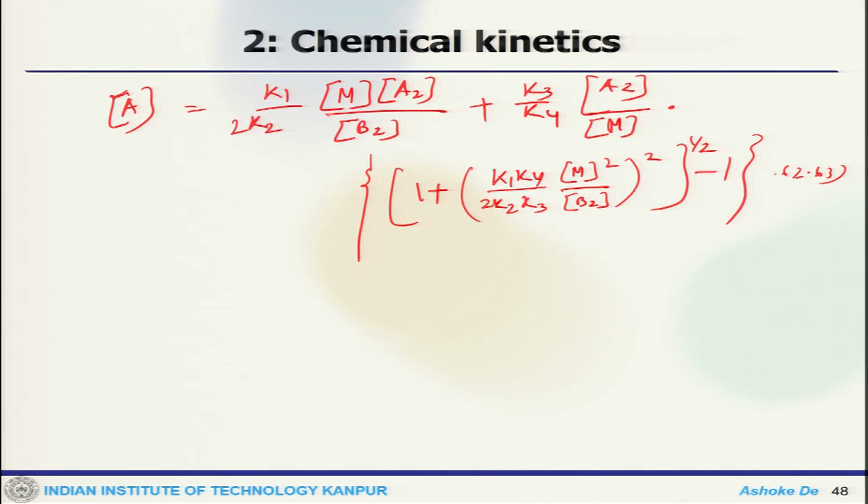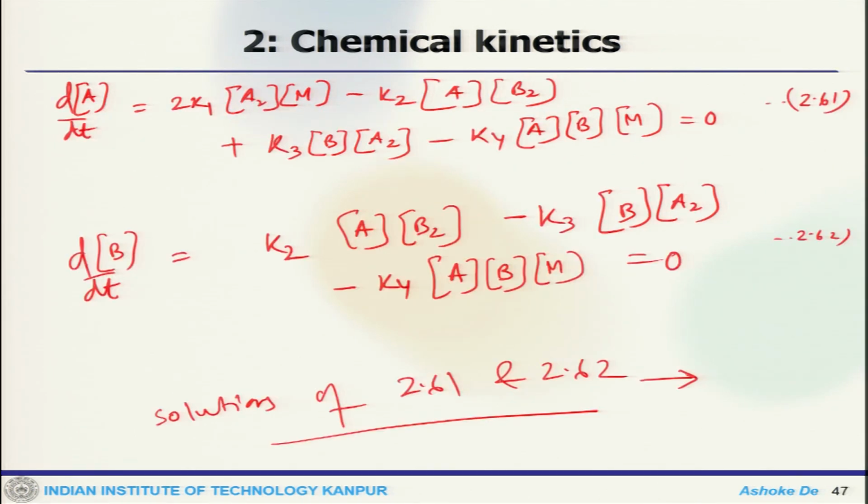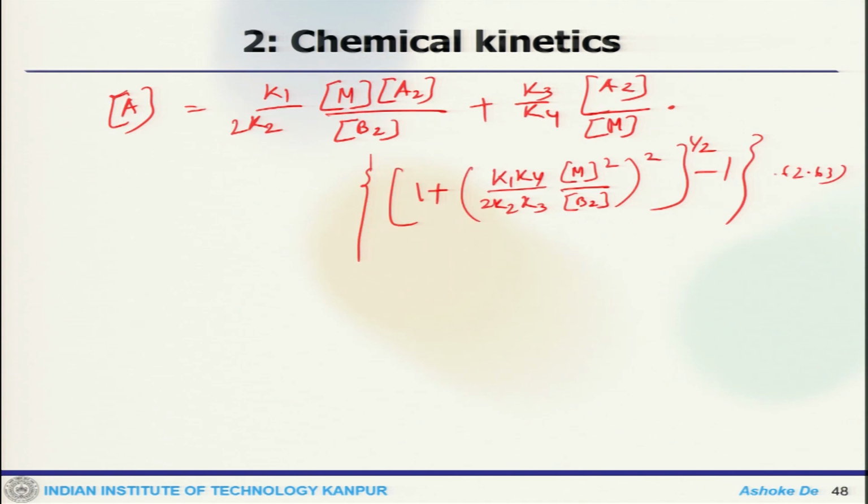This is a bit involved algebra. This is how the simultaneous solution of these two equations gives you A. Similarly, one can find the concentration of B.